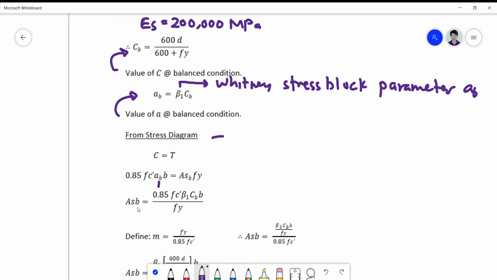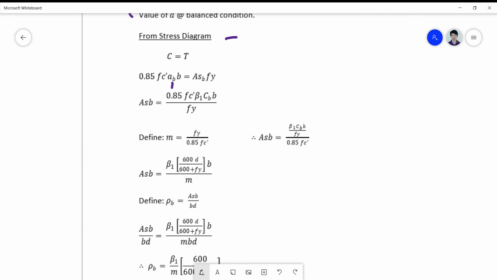So As balance is equal to 0.85 fc prime, beta 1, Cb, b, where b is the width, all over Fy. And if we define a variable m on the basis of these two, such that we are capturing this part of the equation, this is the reciprocal of this, so we can put it at the bottom, m.